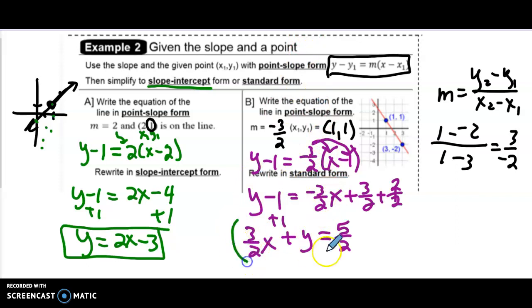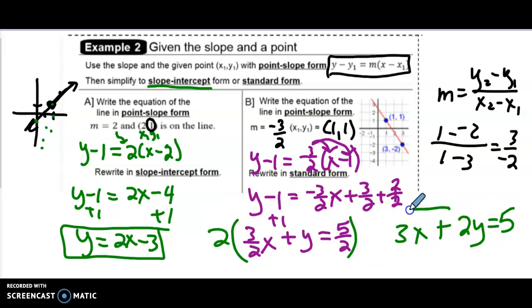So you multiply by the denominator to clear the fractions. 2 times 3 over 2 is just 3. 2 times y is 2y. 2 times 5/2 is 5. Okay, so this is the standard form of this given line.